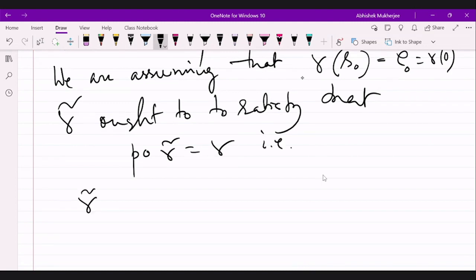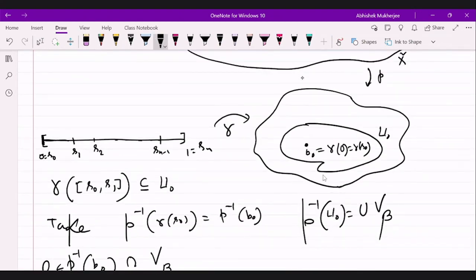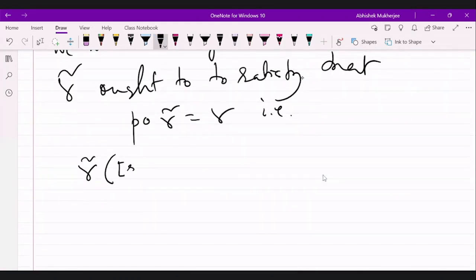If you take that small subinterval, it will be mapped under this gamma tilde to a subset of P inverse of gamma of S naught S1.